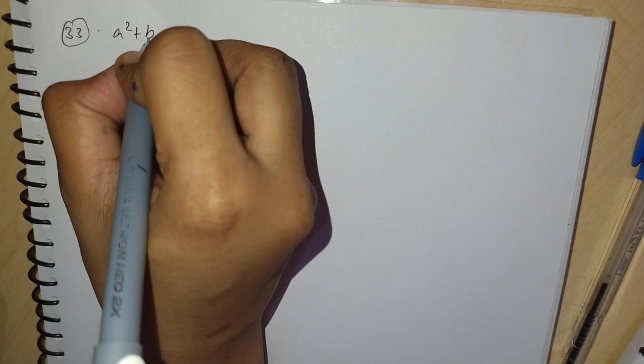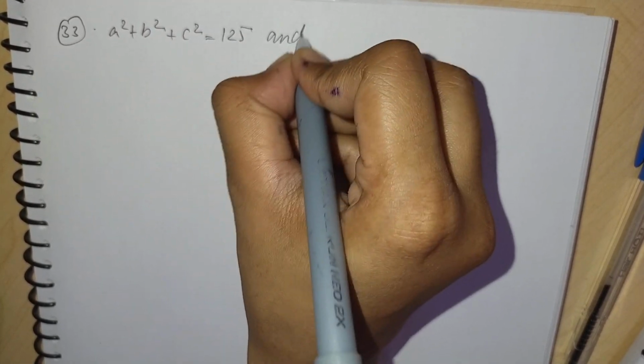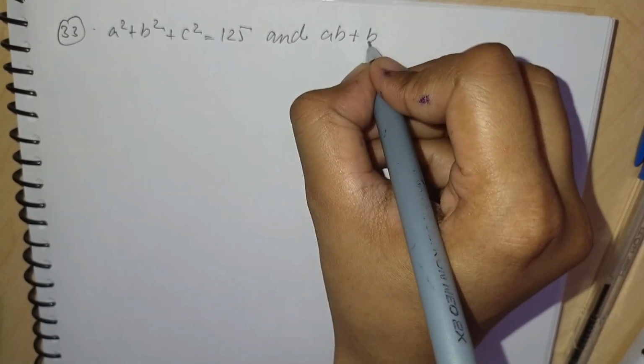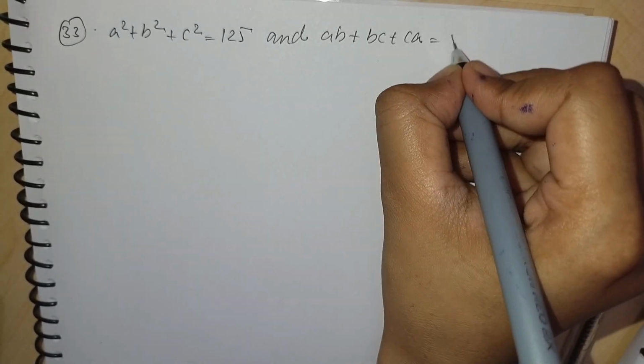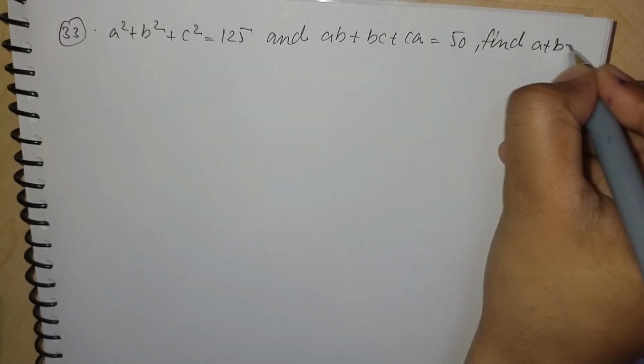Now let us solve the 33rd question here, which says that if a square plus b square plus c square is equal to 125 and ab plus bc plus ca is equal to 50, then find a plus b plus c.